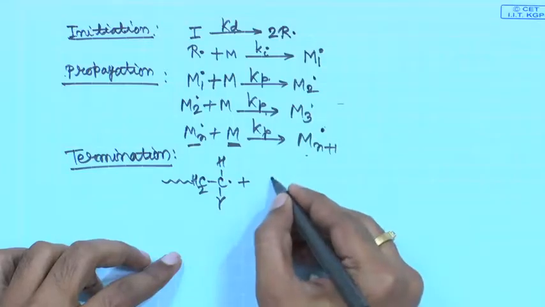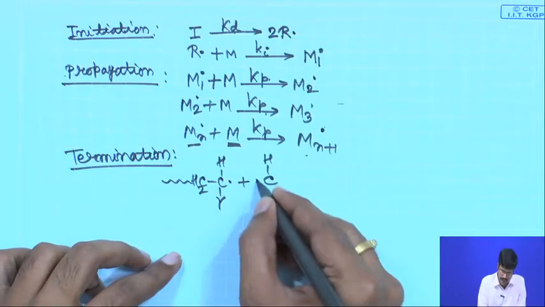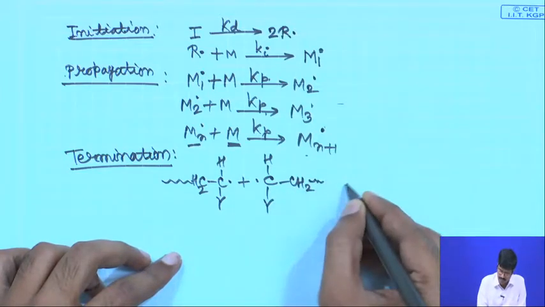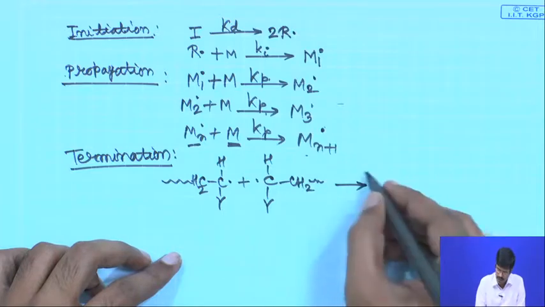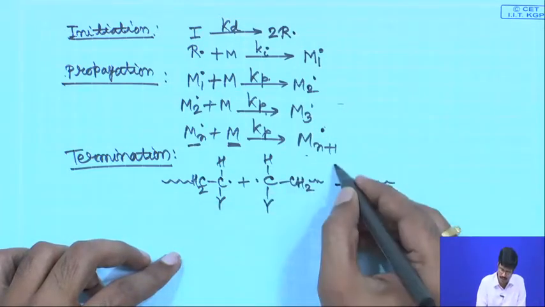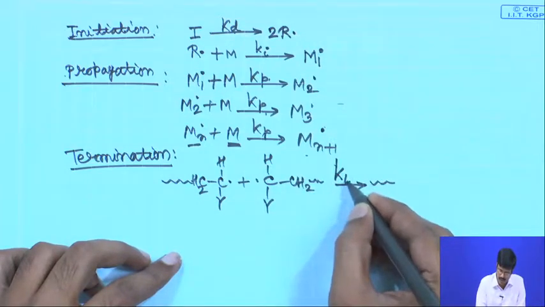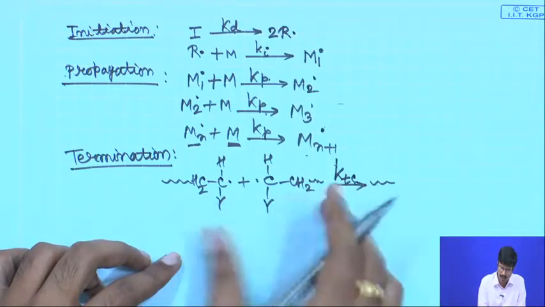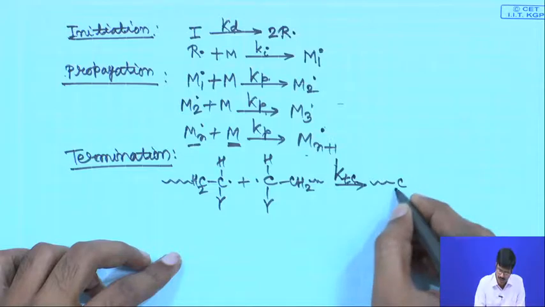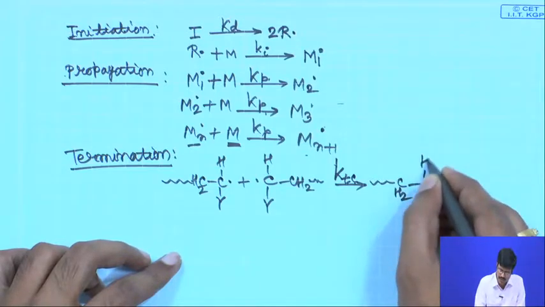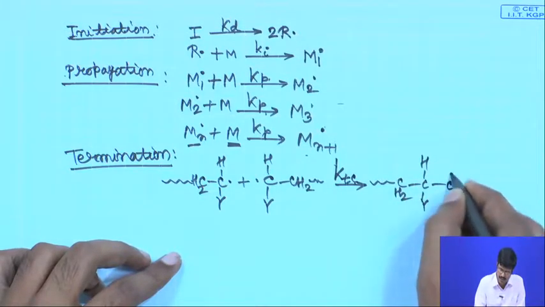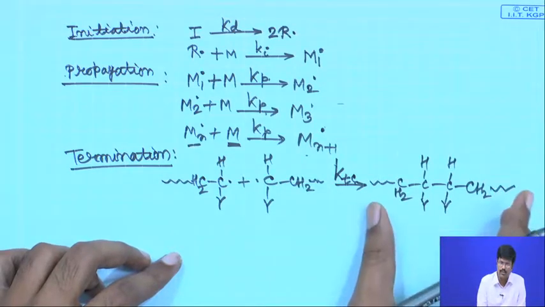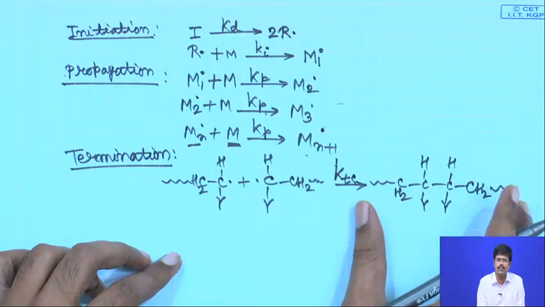One way is that two radicals will come together like this, and they will terminate by coupling, indicated by small k with subscript TC. So, termination by coupling of the two radicals. So, it will be CH2 CHY, CHY CH2.